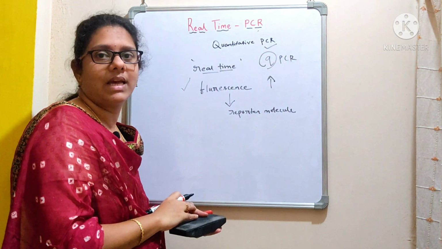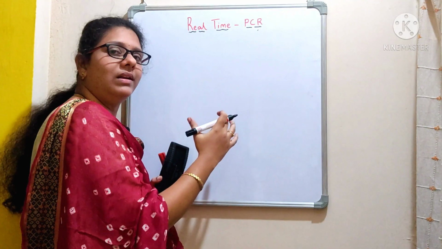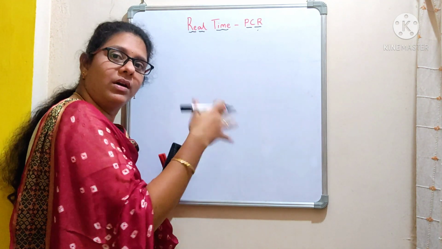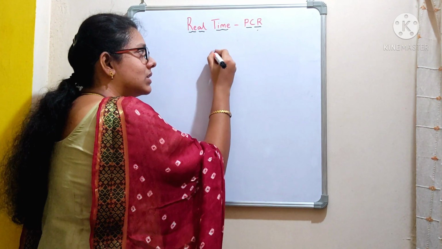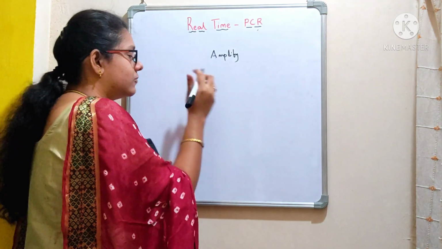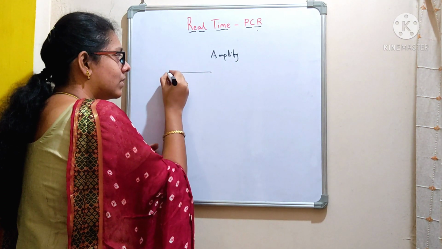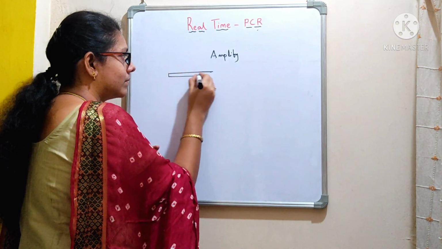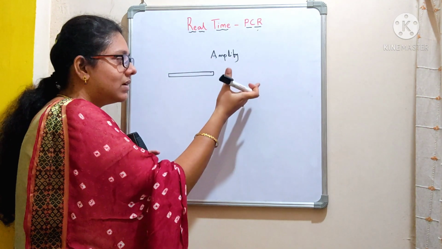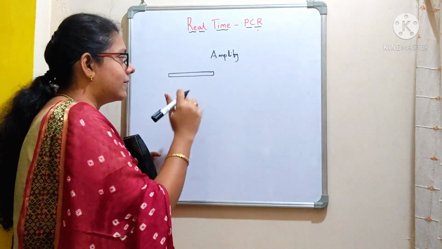Generally, in a PCR method, as I told you just now, we are going to amplify the gene. That means we make multiple copies of a gene. For example, this is a DNA from either a bacterial source or a viral source, whatever.